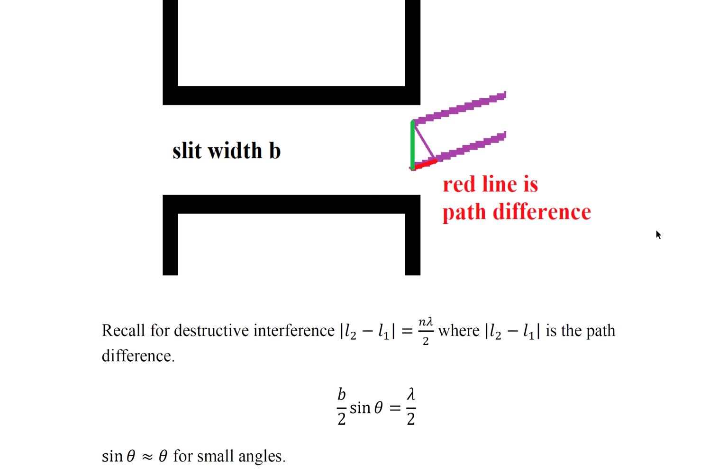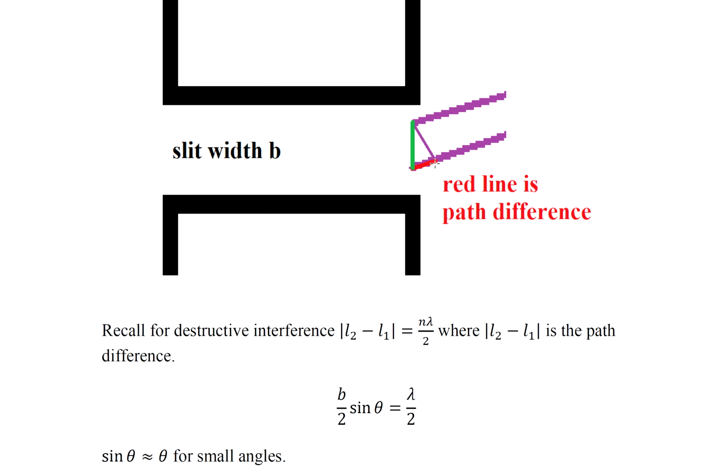Recall for destructive interference from a few videos ago, we have this equation. The path difference is n lambda over 2. So if we let n equal 1, we're going to get lambda over 2 on the right side.